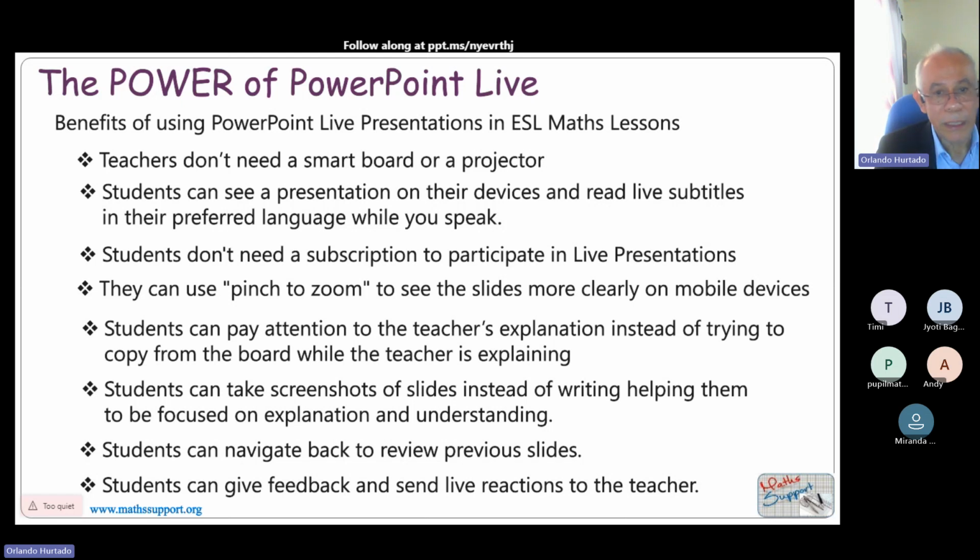Because the student can say, okay, maybe the explanation was too fast, or maybe there was a point that I couldn't understand properly, and then you can see the individual reaction of students. Sometimes the students don't ask you questions because they are ashamed that all the other students can make fun of them if they ask a question about something that they don't understand.